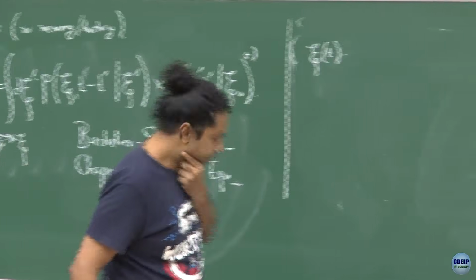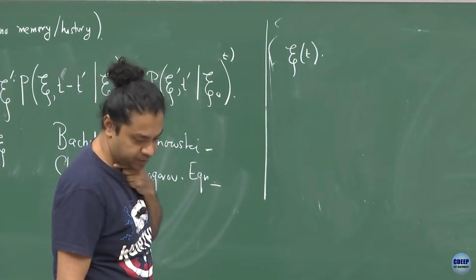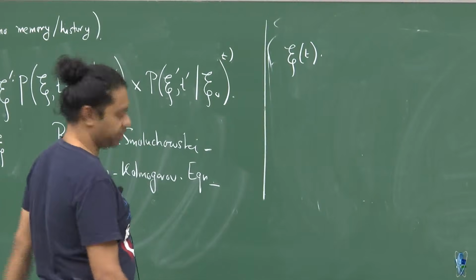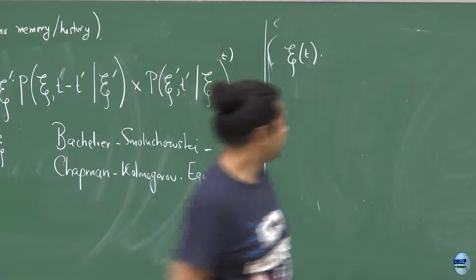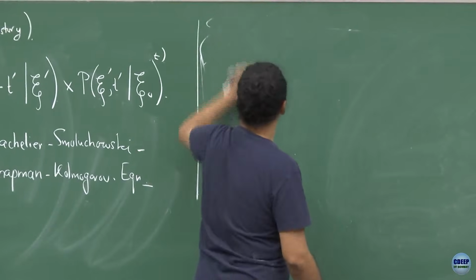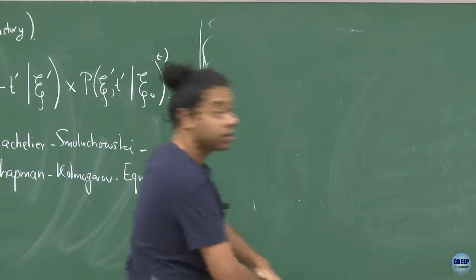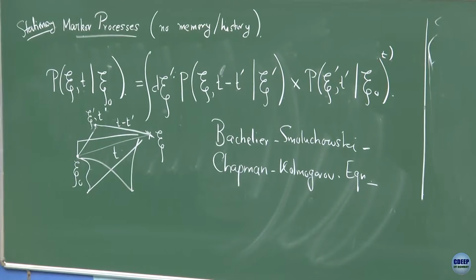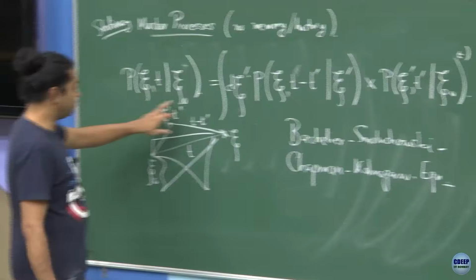Okay. So, this is what I am looking at, P of xi prime, t prime. All right. So, now I want to write this down in a simplified form. Yes. What is independent of the paths? P of psi, t given psi 0.